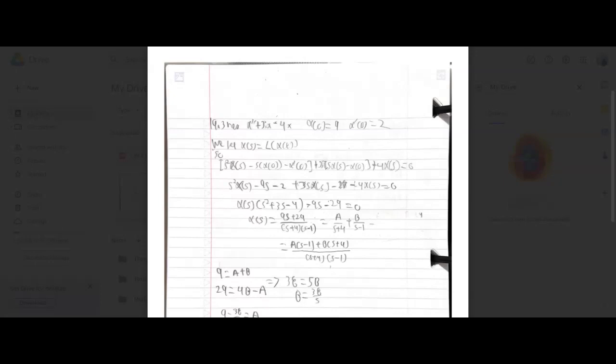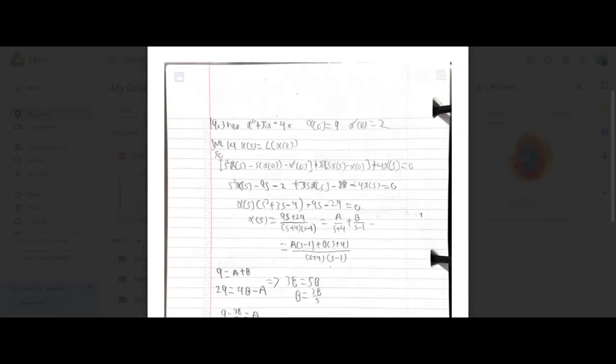So of course, as the textbook suggested, we let capital X of s equal the Laplace transform of x of t, which gives us a very simple equation of s squared capital X of s minus s x naught minus x prime naught plus 3 times s X of s minus x naught, minus 4 X of s, which is equal to 0.